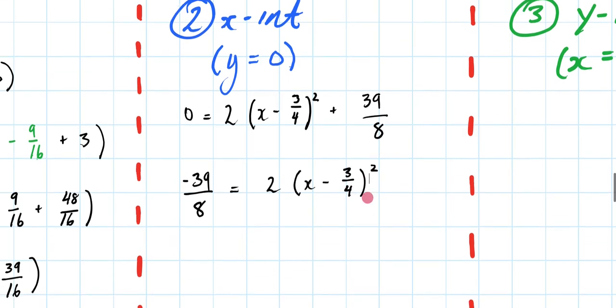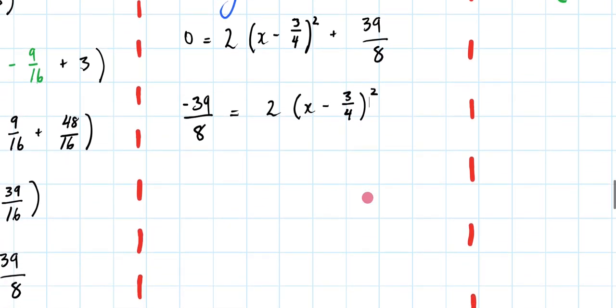I then am going to divide both sides by 2. So I'm going to get negative 39. To divide something by 2 is the same thing as timesing it by a half. So I'm going to get 16 here, then get x minus 3 over 4 squared.